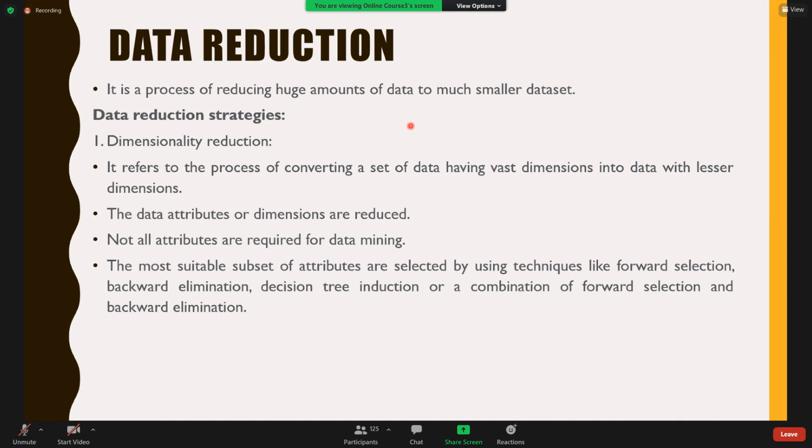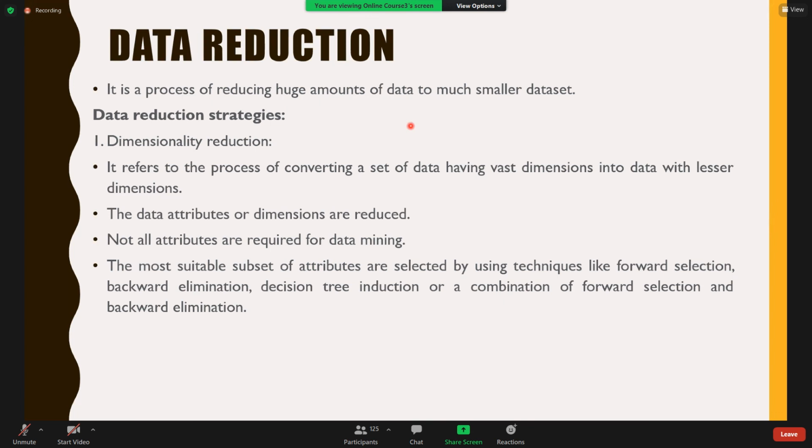Time is a dimension, location is a dimension. Location may have city and state as attributes. A group of attributes will form a dimension. So attributes or dimensions can be reduced in this technique.